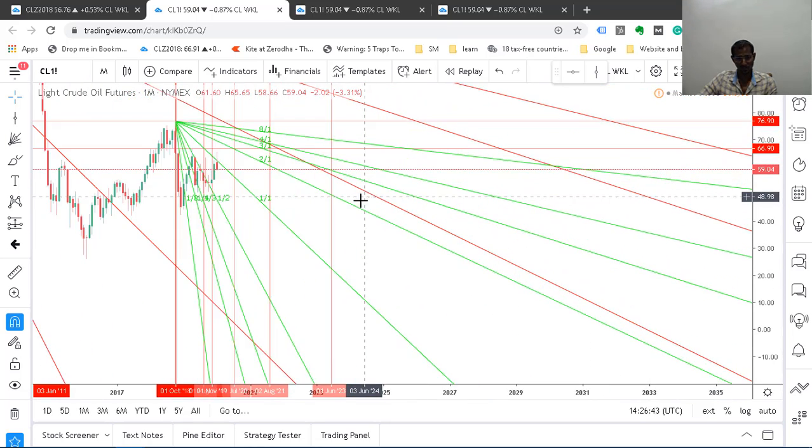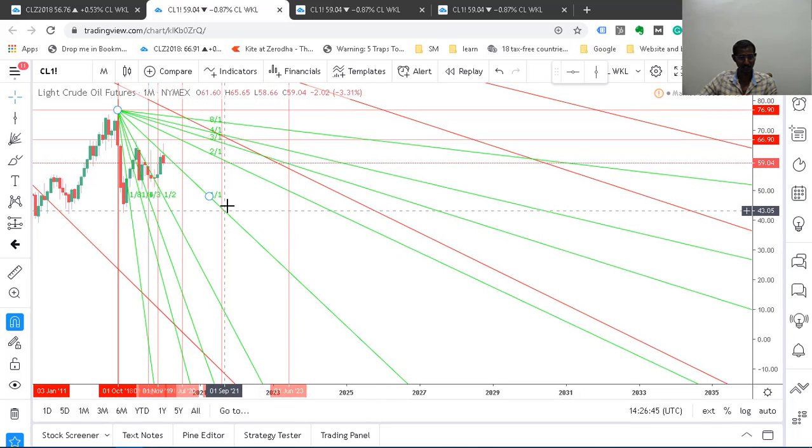And notice one important thing: the 1x1 line is above the market, which means that the trend is actually strong in the downward direction. Whatever I am saying here is that the 1x1 line is not being crossed by the market.